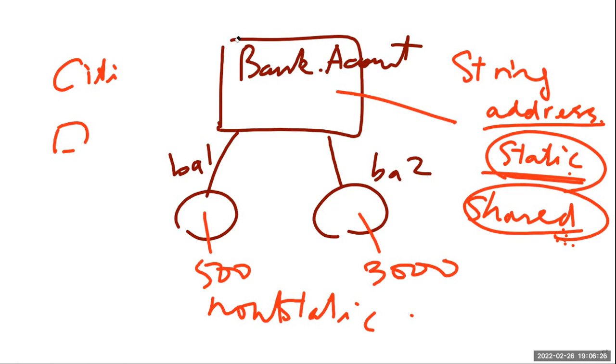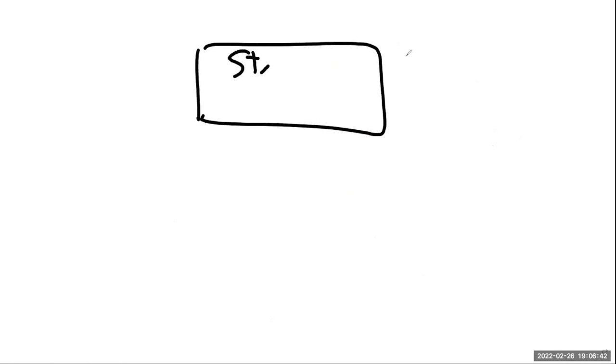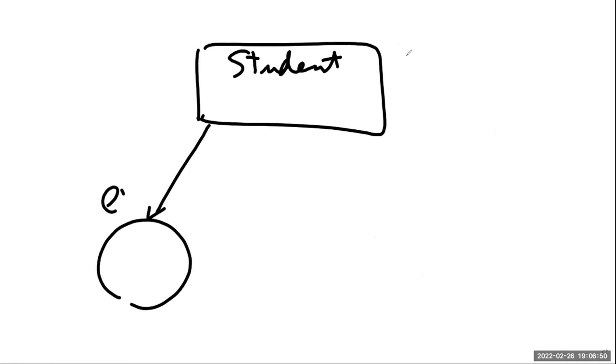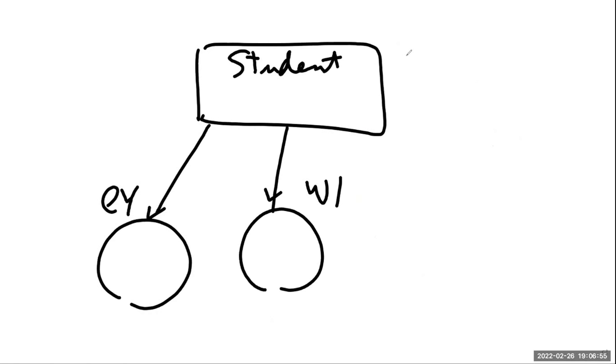Okay, let me ask another student, Eric Yu. Now let me change to a different example. I have a class called Student. I create an object called Eric Yu, and another one, William Lin, so two people.